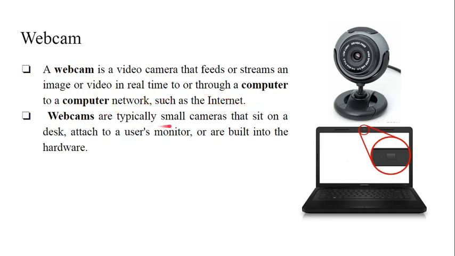Webcams are typically small cameras that sit on a desktop, attached to a user's monitor, or are built into the hardware. These two are examples of digital cameras. These are placed on the desktop type computers, and for laptops there is an inbuilt digital web camera.